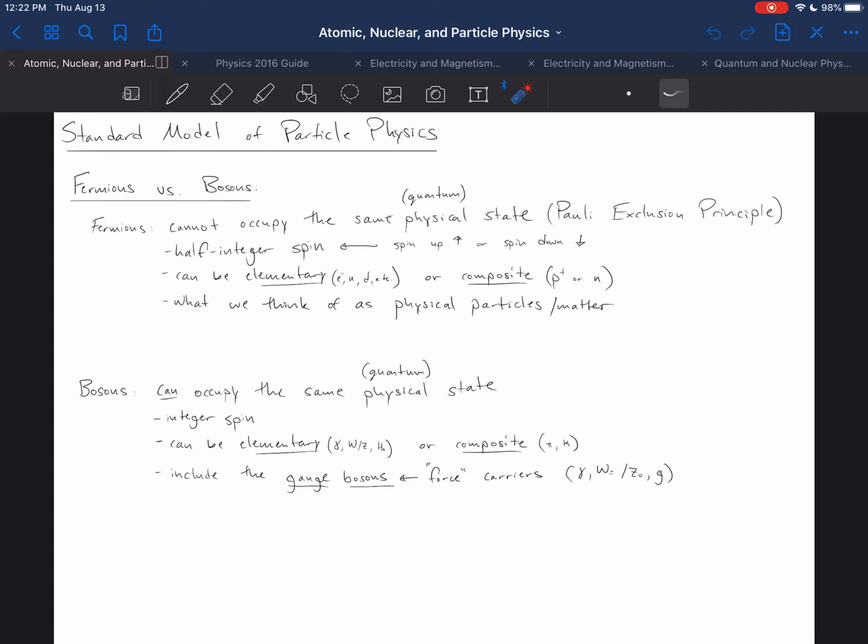The W and Z bosons, which we'll discuss more, are the weak interaction force carriers, and the gluon is the strong interaction force carrier. There is a hypothetical particle known as the graviton that is the interaction or force carrier for gravity, but it has not yet been experimentally confirmed, so it is not on this list.